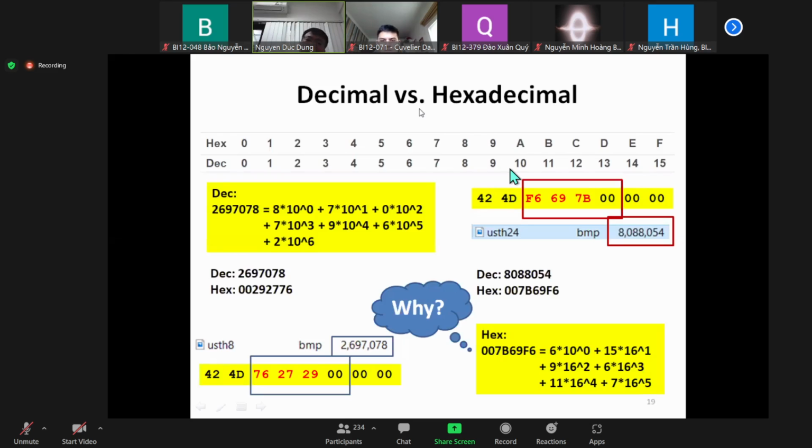Actually, we use both numbering systems, but for the convenience of calculation and for storing the data, we use both numbering systems in a computer system. Next, please.